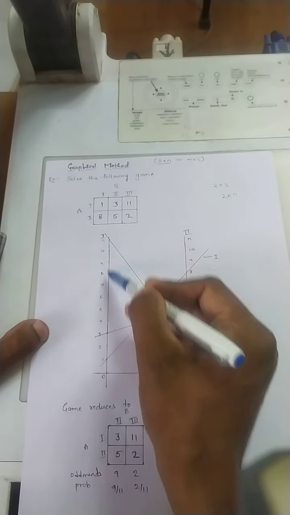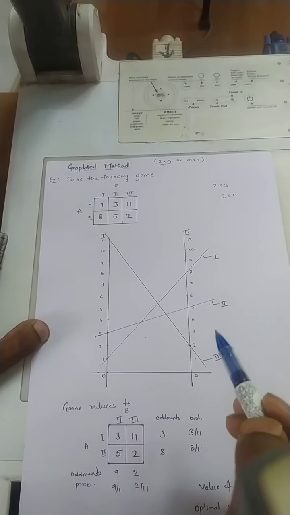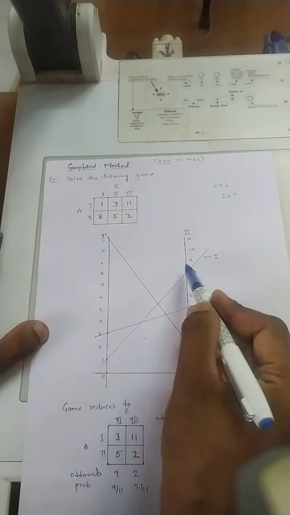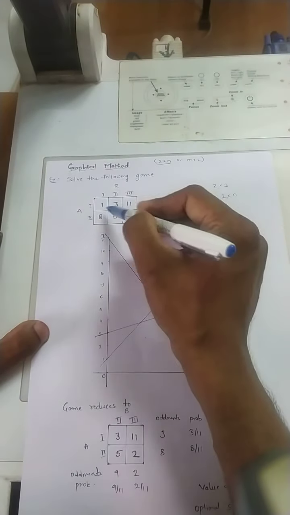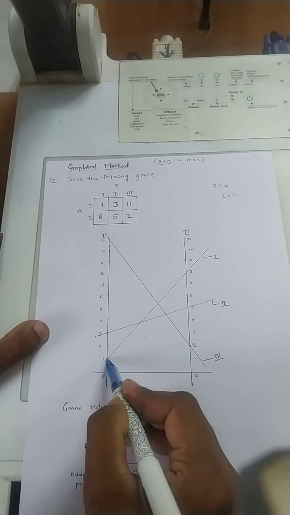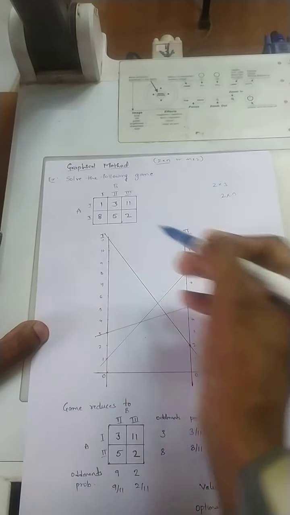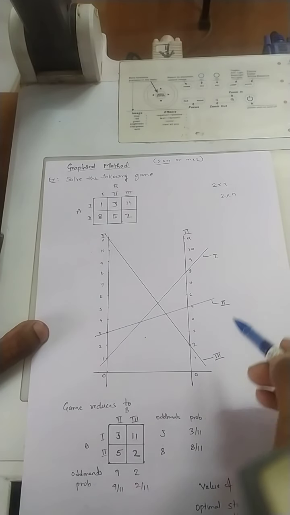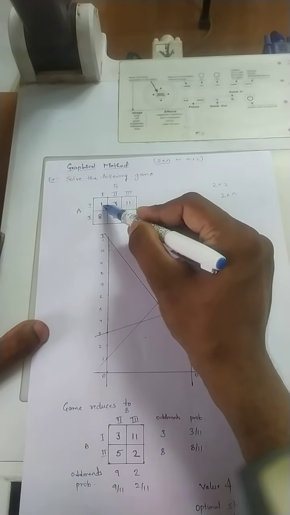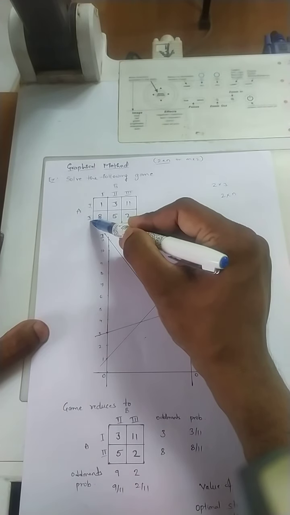First you should draw 2 vertical lines which are parallel to each other, and you take the distance between these 2 lines randomly. The highest value is 11, so I have marked them up to 11: 1, 2, 3, up to 11, and on the second line also I have drawn up to 11. The first combination is 1 on the first strategy and 8 on the second.